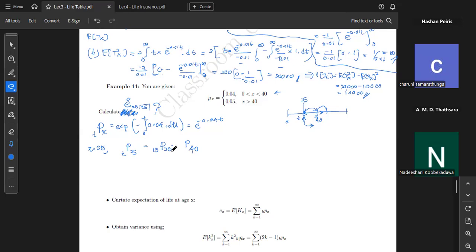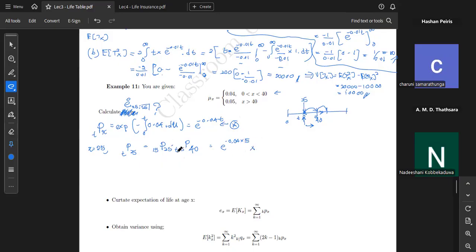Age is 40, and the remaining lifetime means t minus 15, because from the future lifetime, this person has already survived 15 years. So if we decompose it like this, then using this equation, we can find the person who is at age 25 surviving for 15 years like this.